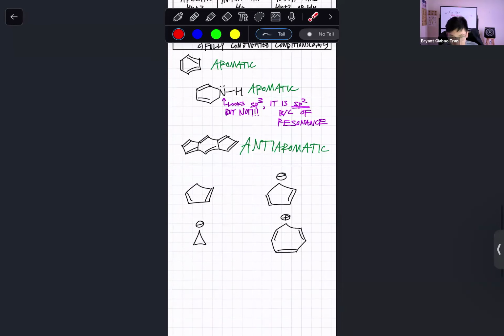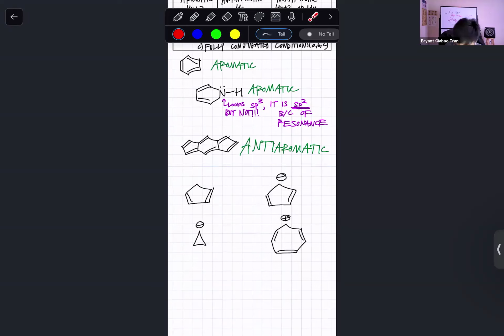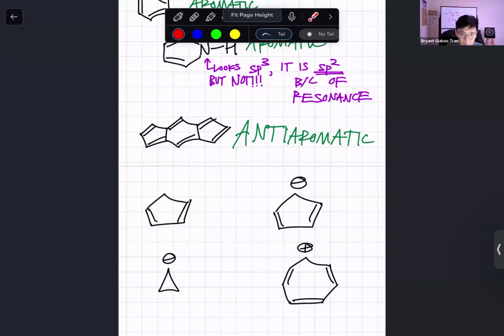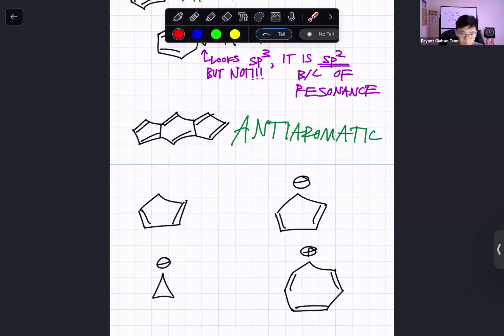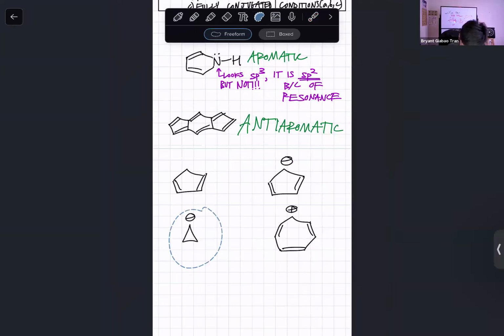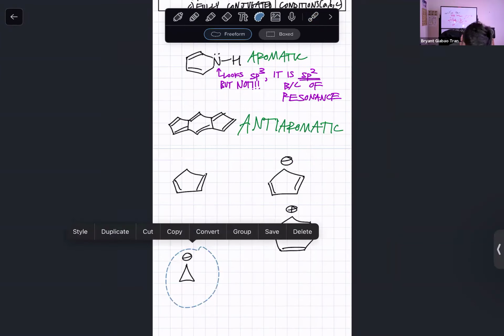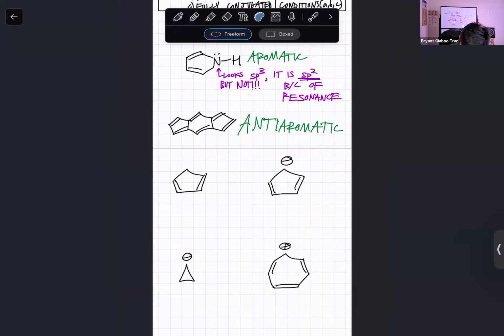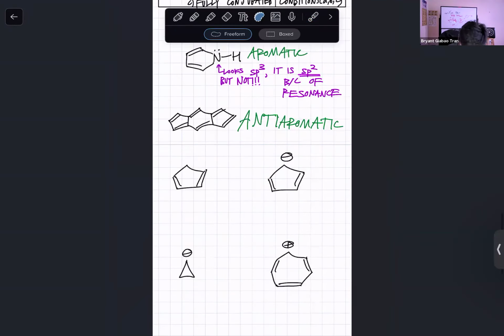This one right here. Did you guys have an answer for these, whether these are aromatic? Yeah.